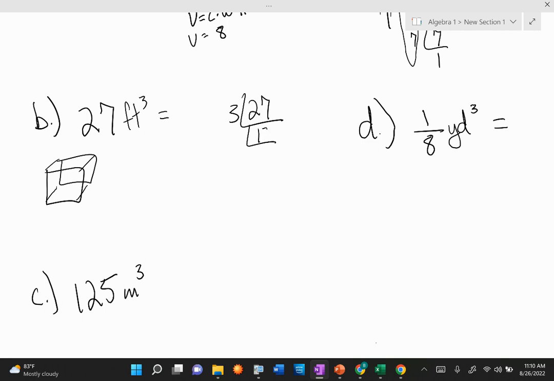What can I divide 9 by? 3. What can I divide 3 by? Okay, and we got to a 1, so we're good. You find a group of 3, which is 3. So your answer should be 3 feet, which means that the length is 3 feet, the height is 3 feet, and the width is 3 feet.